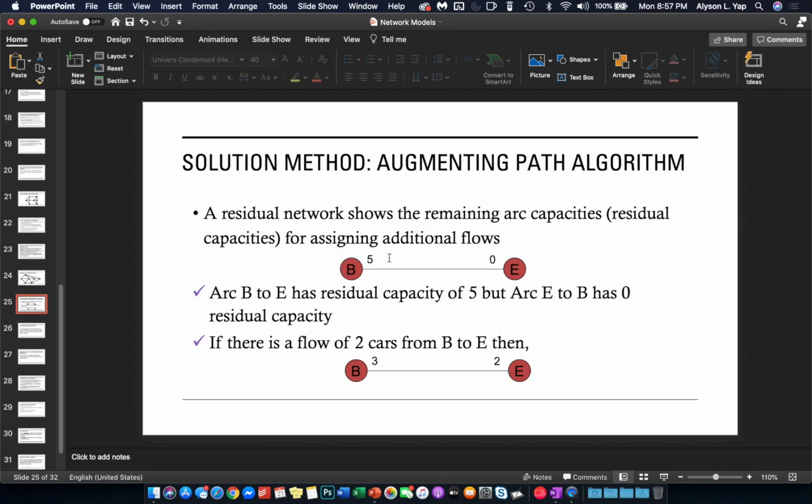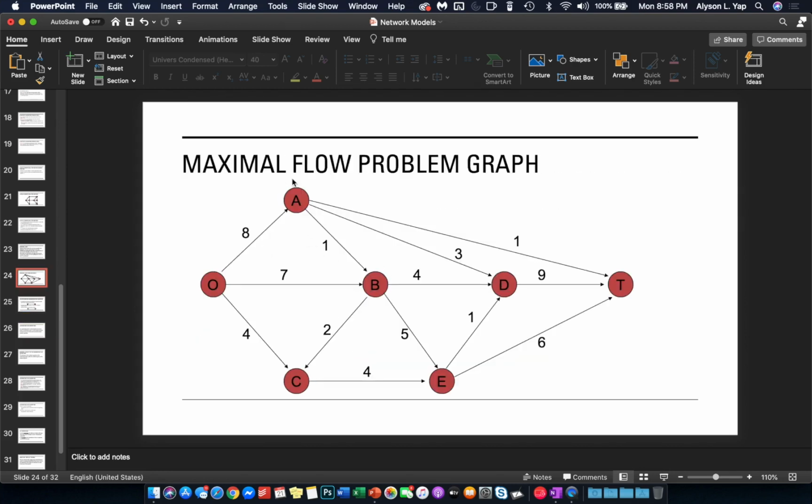If you look at the original graph and look at the arc between A and B, the arc between A and B actually has an arrow. And the arrow is pointing towards B, which means technically you cannot let units flow from B to A.